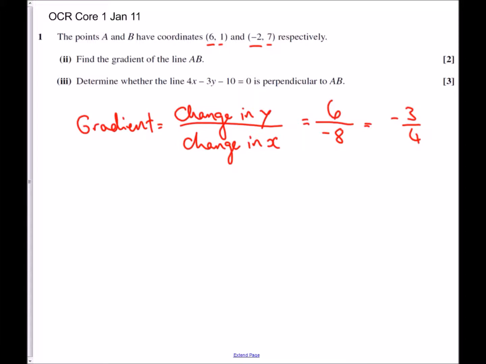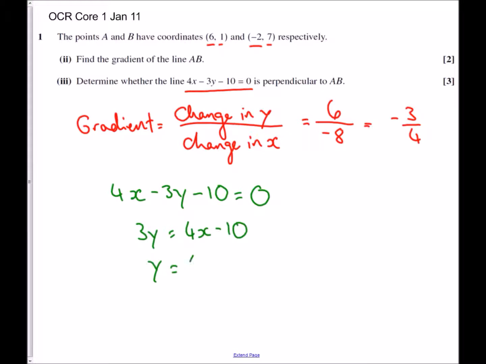Well, here I've got the equation of a line which I can rearrange. So I'm going to start off with my 4x minus 3y minus 10 equals 0. I'm going to rearrange that into form y equals mx plus c. So I'm going to say 3y equals 4x minus 10 and y equals 4/3 x minus 10 over 3.